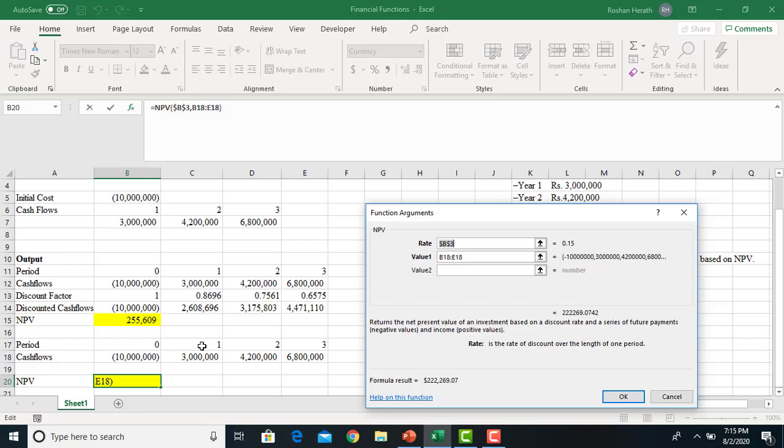But you can simply get this across. You can resolve this problem. All what you have to do is, when you are specifying the cash flows, you are not going to take the year zero cash flow. You're not going to take the year zero cash flows, and we are treating it separately. When you are specifying the values over here, make sure to take the cash flows from year 1 to the remaining years.